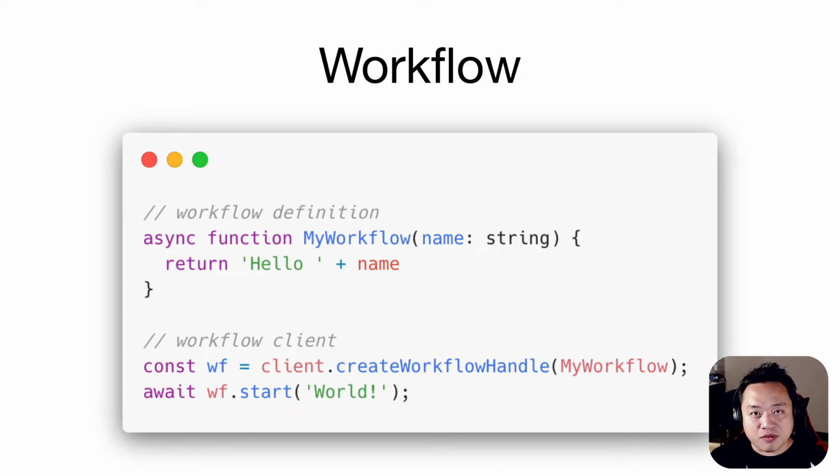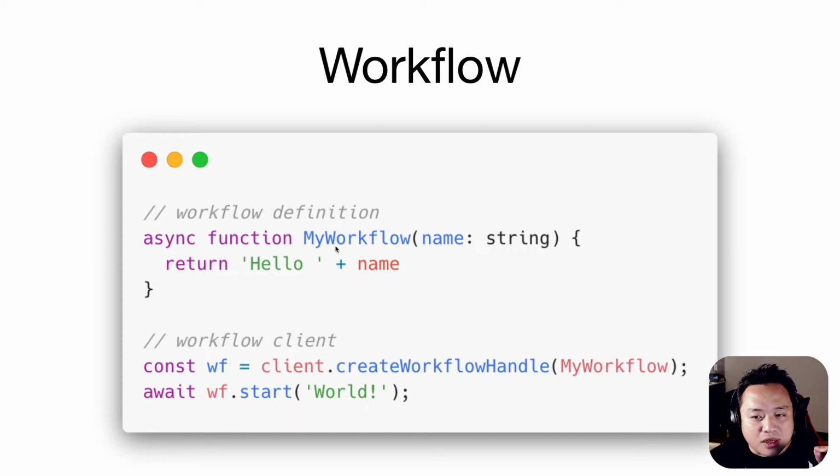So the first API that we're going to talk through is the workflow API, and it literally is just a function, and it takes some arguments and returns some results just like any other function, but it does have some special rules and limitations to it. It has to be deterministic, so there's no non-deterministic activity like calling out to math.random or reading from the file system or pinging an API. That has to be done in activities, which I'm going to show you next.